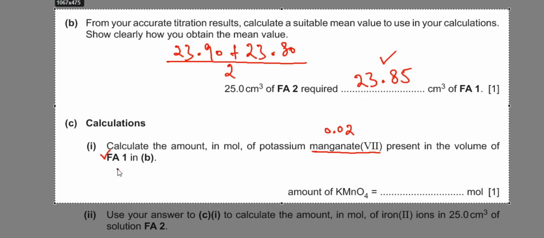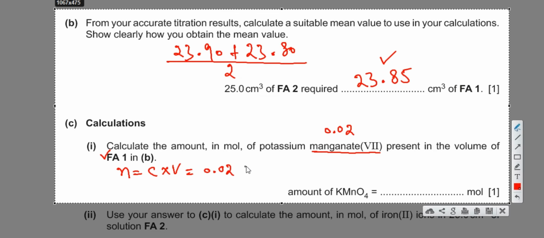Now use the formula n equals C times V. The concentration in this case is 0.02, the volume in this case is 23.85, and to convert it into decimeter cube, divide by 1000. When you do this, you will get the answer.